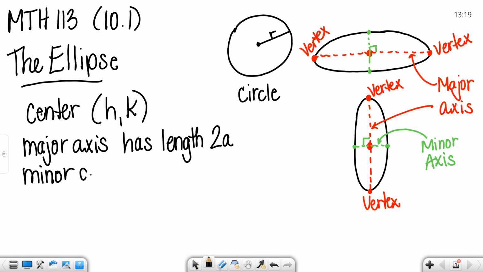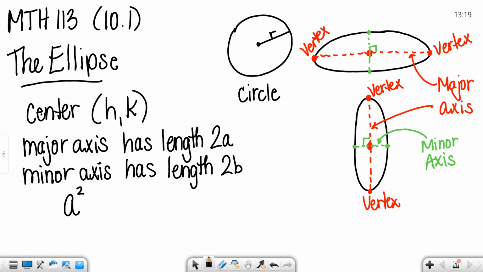The minor axis has length 2 times B. And always in an ellipse, A squared is greater than B squared, because A is a part of the major axis, so it's always longer. So when I square A, it's definitely going to be bigger than when I square B.